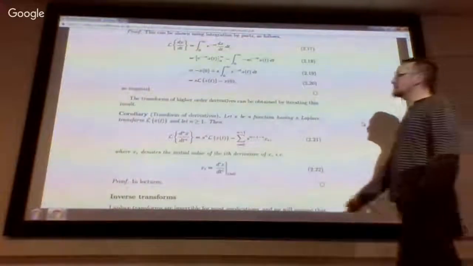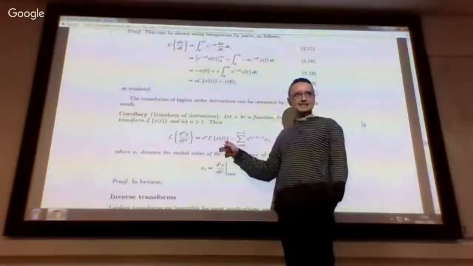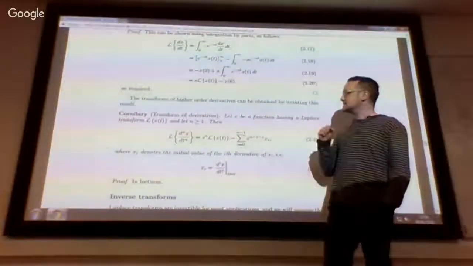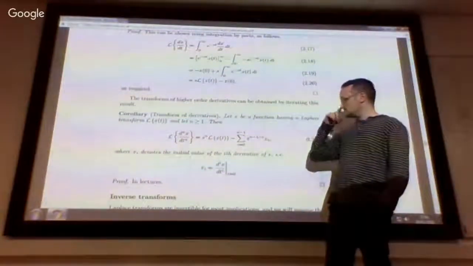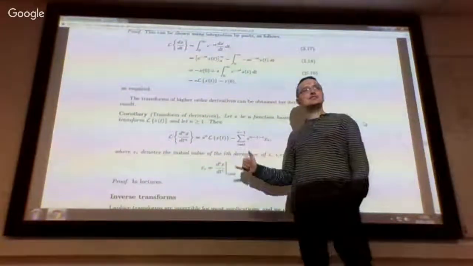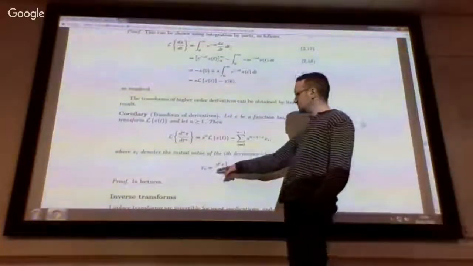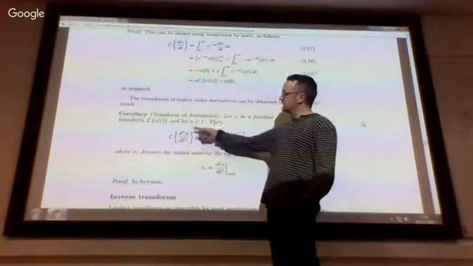Its Laplace transform fundamentally only relies on the transform of x, the original function x, and a polynomial in s. The coefficients of the polynomial, these x subscript i's, are the various initial values of the intermediary derivatives of x. The original function x itself would be x subscript 0 in this notation, the undifferentiated function. And this is the formula for the nth derivative.